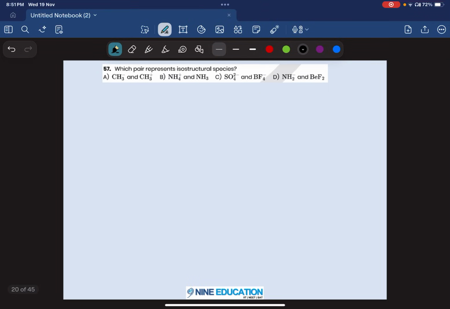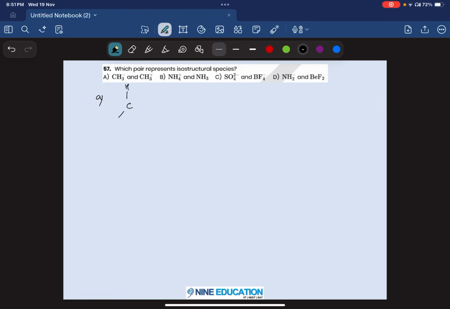Then question number 57. Which pair represents isostructural species? CH3 minus, CH3 plus, NH4 plus and NH3, SO4 2 minus, BF4 minus, NH2 minus and BeF2. Option A, so we know carbanion and carbocation.